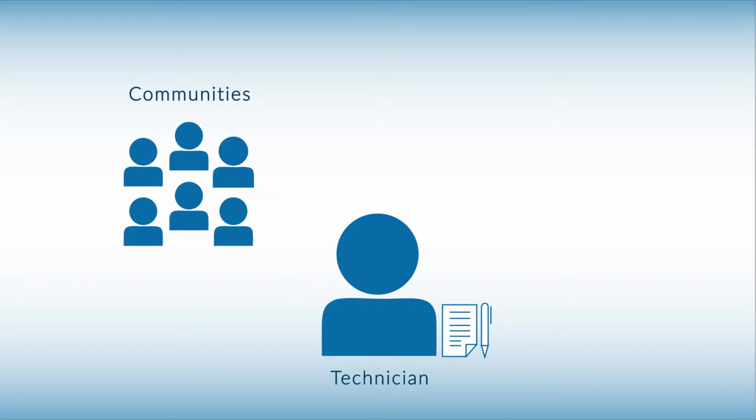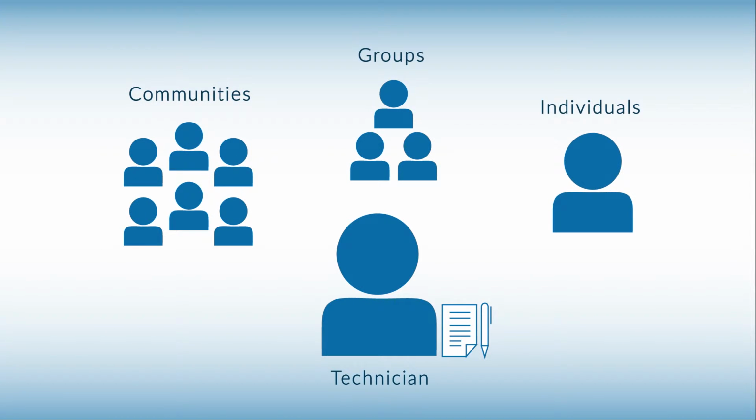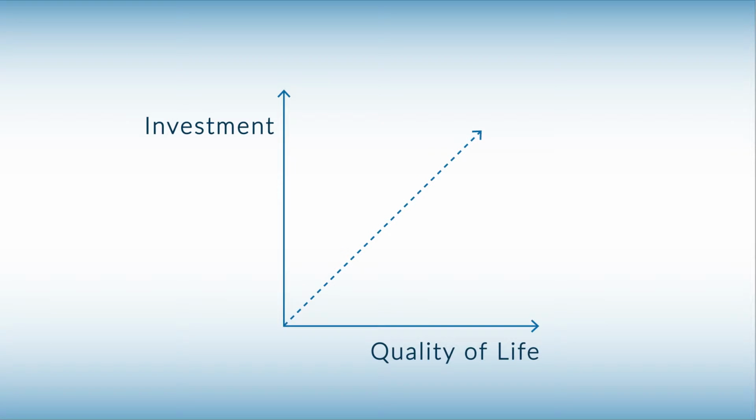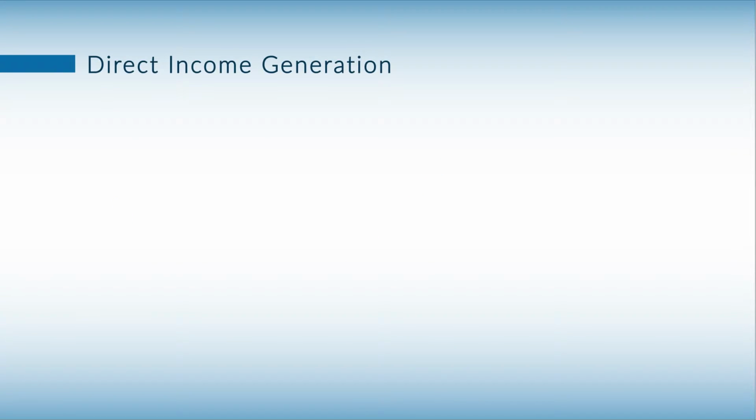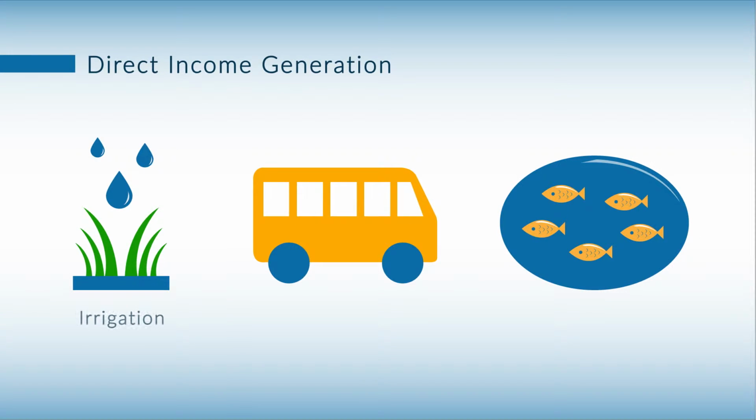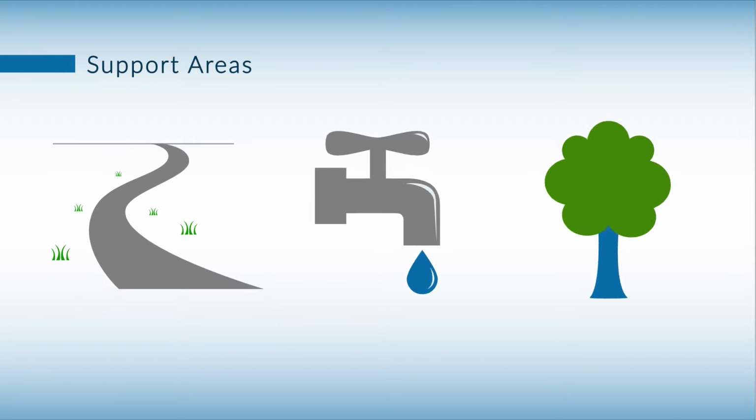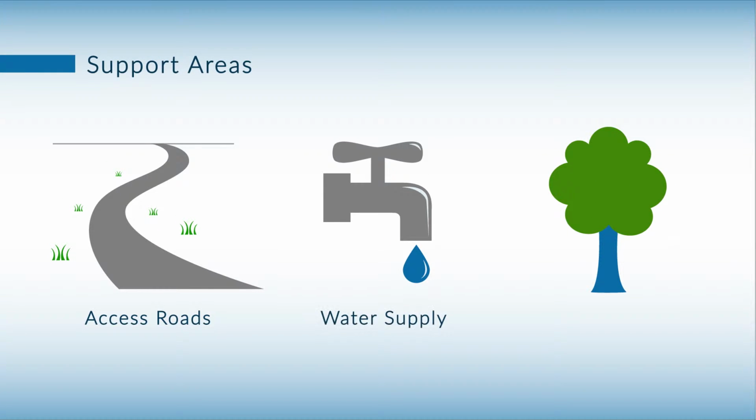RuralInvest is designed to assist national technicians working with communities, groups, or individuals who wish to improve their quality of life through local-level investments, whether in activities which will directly generate income, such as irrigation, transport services, or fish farming, or in support areas, such as access roads, water supply, or reforestation.